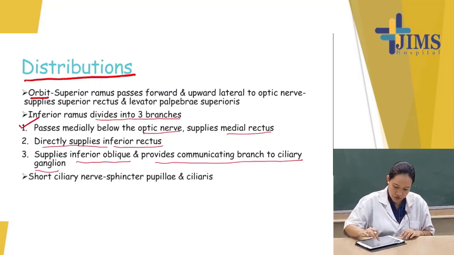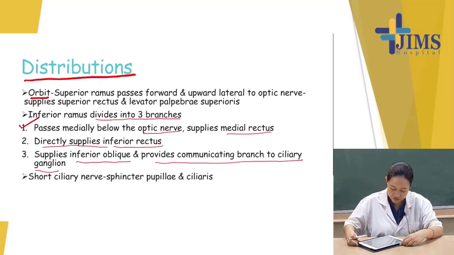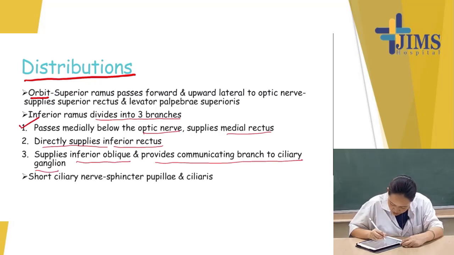Let us go to the distribution again. So, we will see this distribution just after the superior orbital fissure. So, here we have got the superior orbital fissure. From here it is divided into 2 rami.